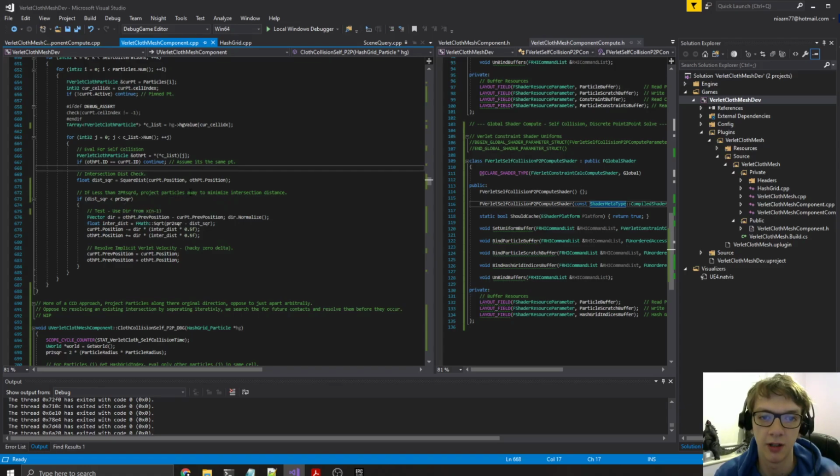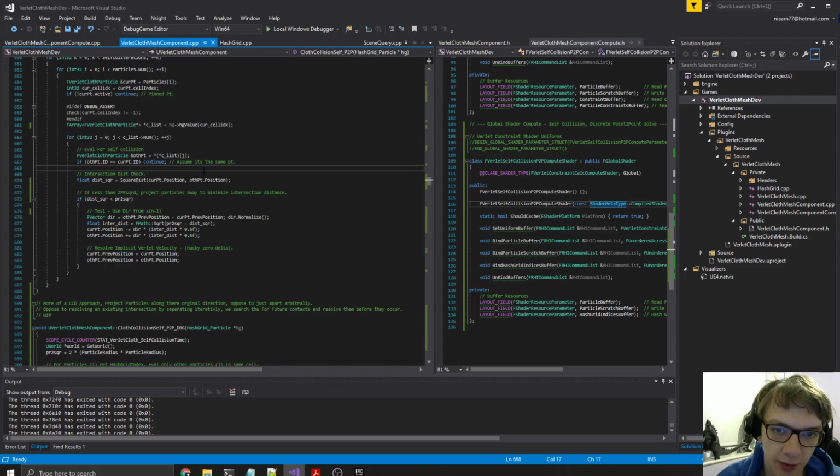If you think about it, we have two particles here, and if their center distance is smaller than 2 times the radius, they must be intersecting, and we want to project them away from each other so that they are touching but not intersecting, and thus the center distance between the two particles would be 2 times the radius. That's essentially what this does.